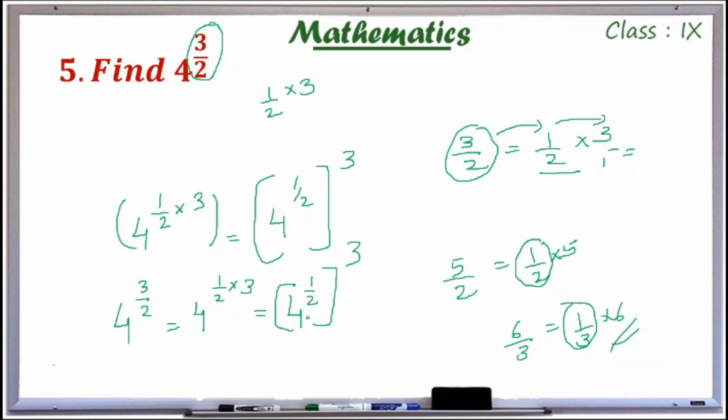Both are the same, since a raised to m all raised to n is equal to a raised to mn. So 4 raised to 1 by 2, which is the square root of 4, is equal to 2. 2 raised to 3 is equal to 8.